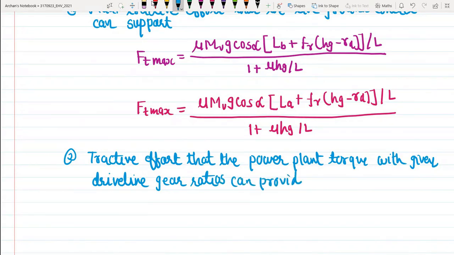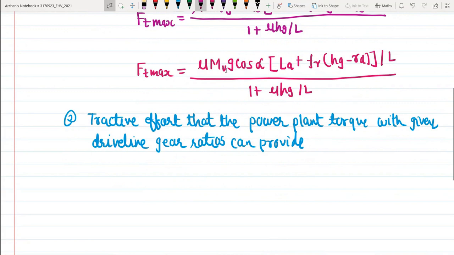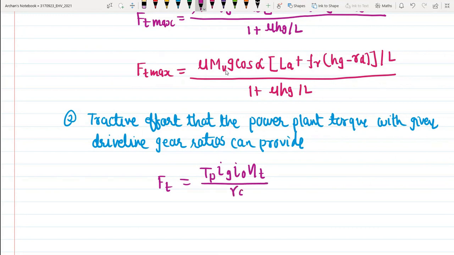This was also seen in yesterday's lecture. We derived the equation: Ft is equal to Tp Ig I0 eta T divided by Rd. So these two are the limiting factors to the maximum tractive effort.